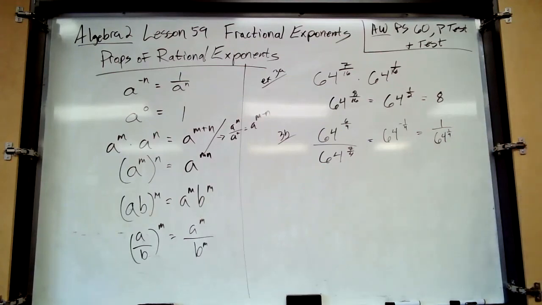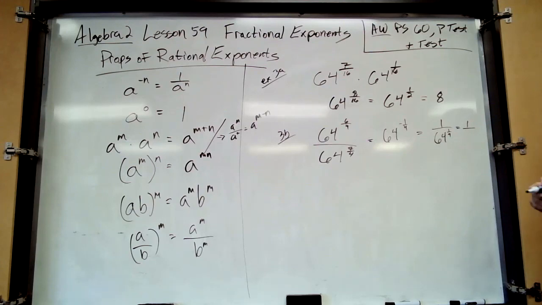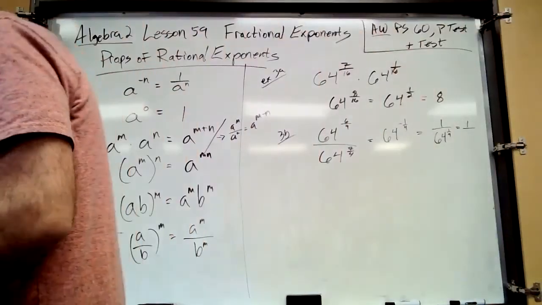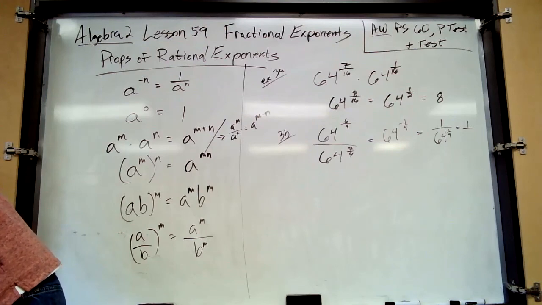Now what do you do with fractional exponents? It's the fourth root, which is, what is that? Just 2, right? Wait, no, 4. That's wrong. 4 is the cube root of 64, since 4 times 4 times 4 is 64. So unfortunately, this is not a nice little simple answer.